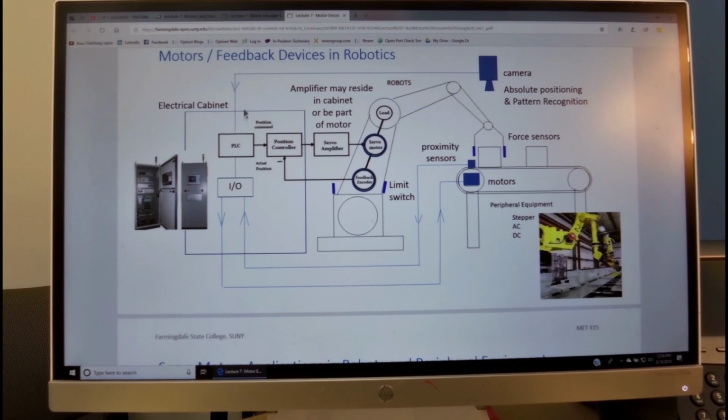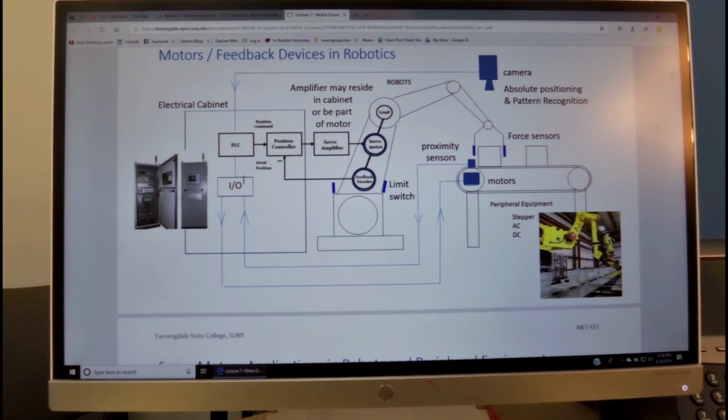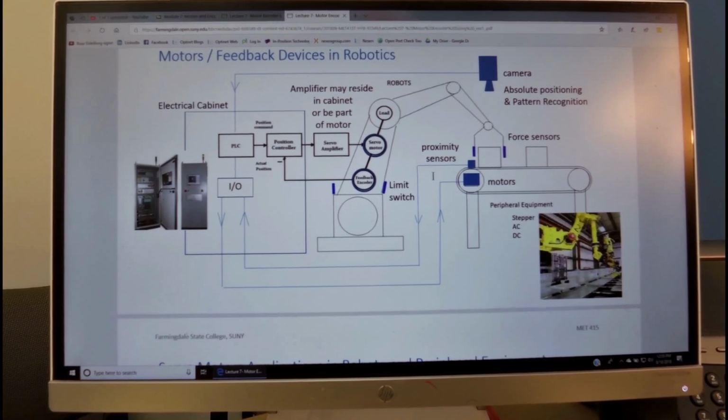They all feed back into the PLC that orchestrates this entire process. The feedback is coming into the PLC, into the I/O input-output box, and it gets the signal to the motor to stop through the field bus.